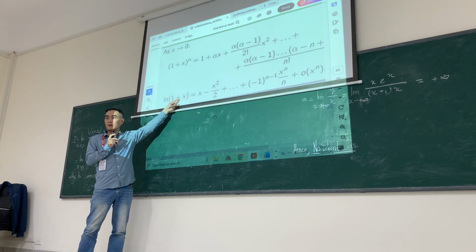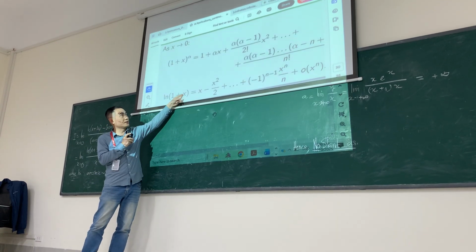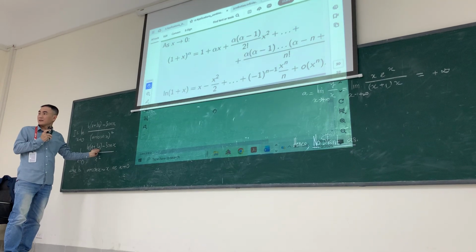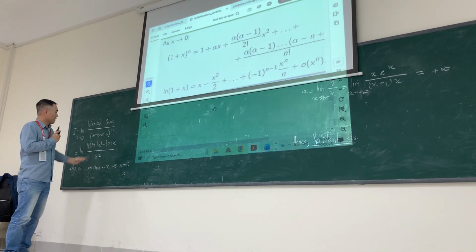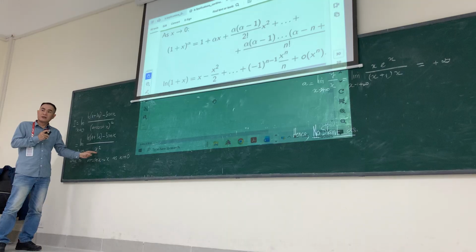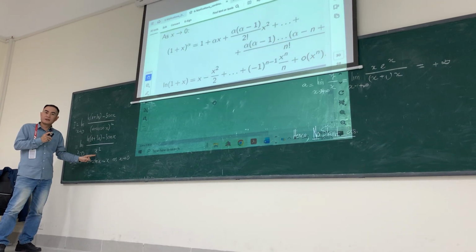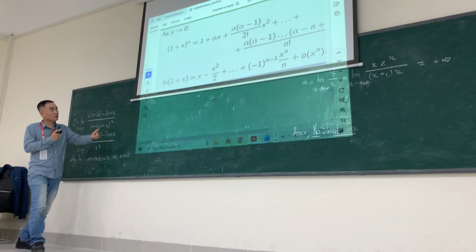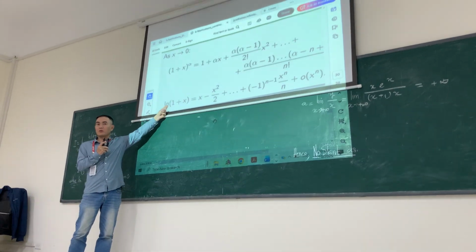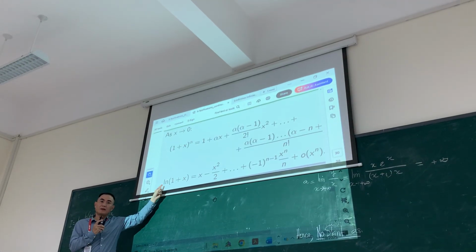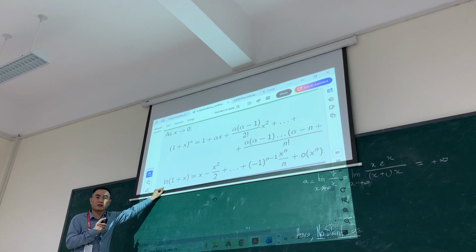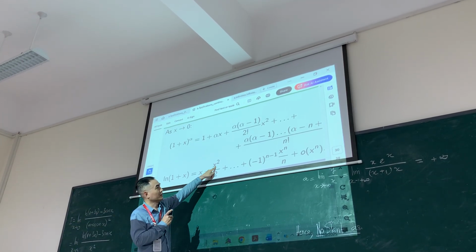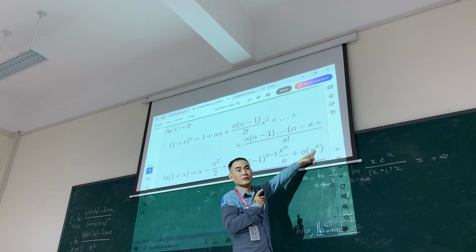Natural log of 1 plus x, here we replace the x by 3x. You can see the denominator is infinitesimal of order 2. So in this formula, we use the Maclaurin expansion of order 2.